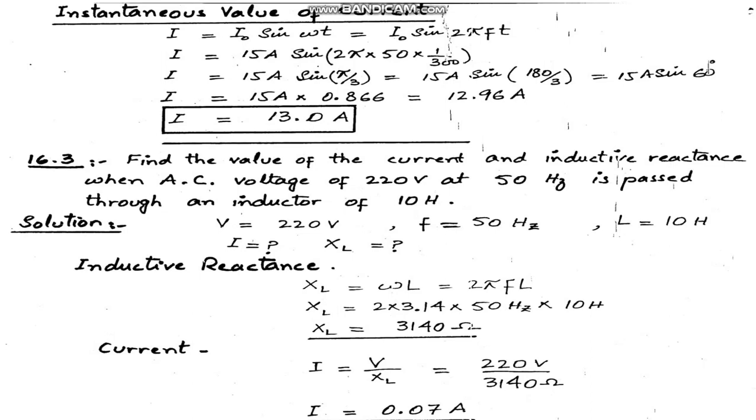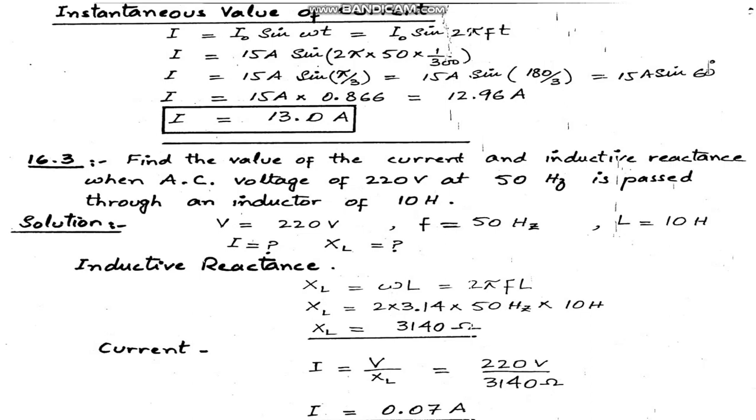We want to find current I and inductive reactance XL. So inductive reactance formula, that is XL is equal to omega L. So omega, that is angular frequency, its value is equal to 2 pi f, we put in here.